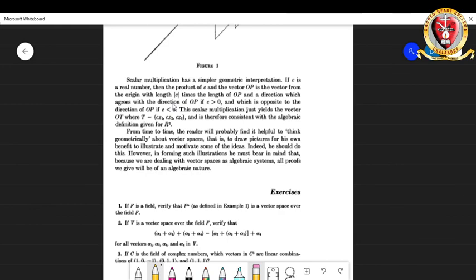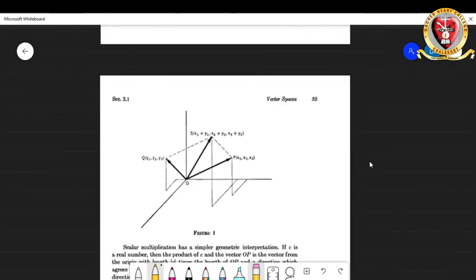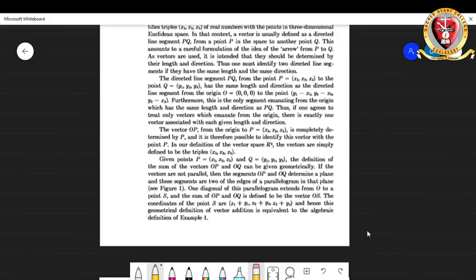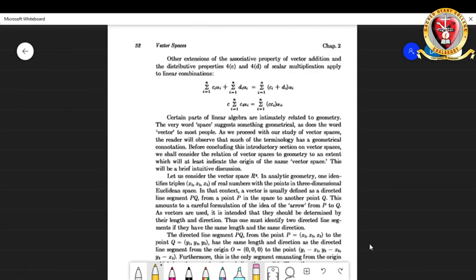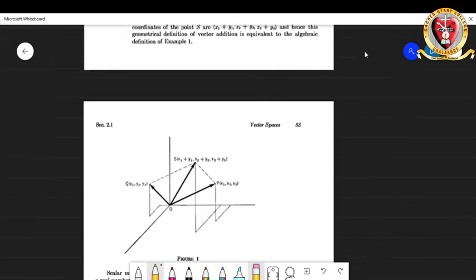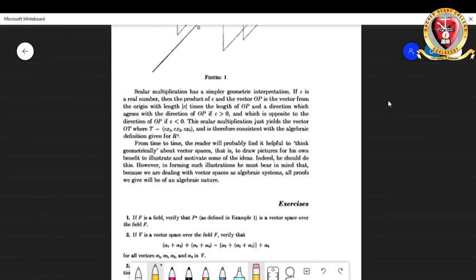That is scalar multiplication given a geometrical touch. And similarly, linear combinations can also be understood in a geometrical way, which you can read through page 32 to get an idea in a nice way.